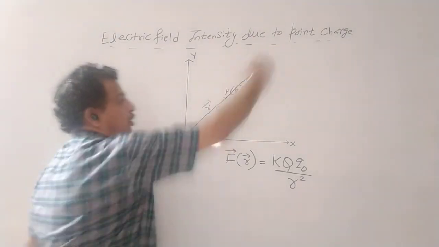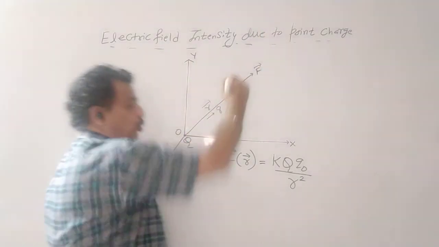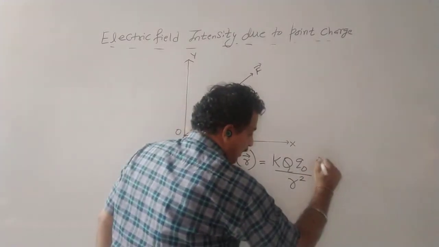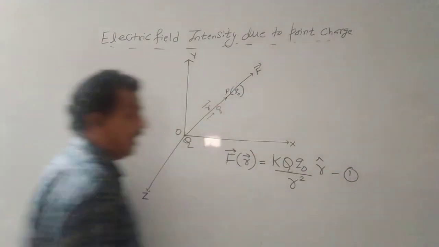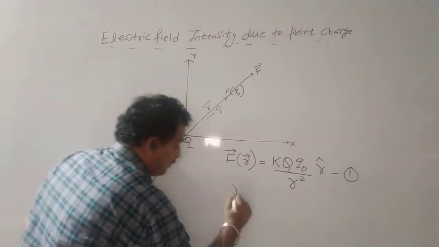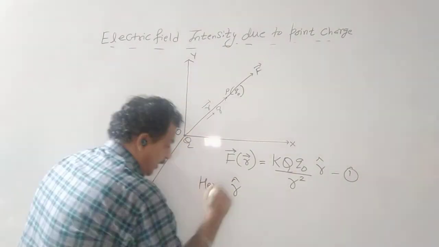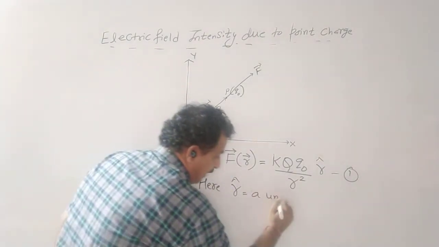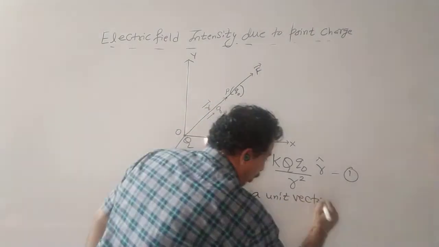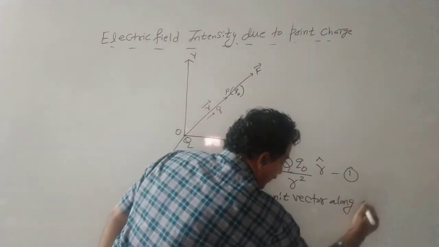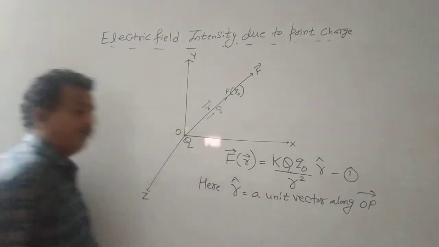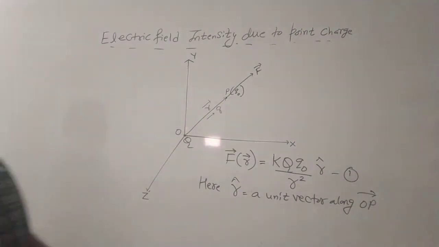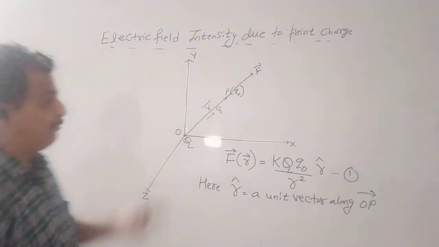So the test charge is repelled away. The direction of this force of repulsion is from O to P, and that can be indicated by a unit vector r cap. So here r cap is a unit vector along OP vector. So your force of repulsion on the test charge is away from the source.